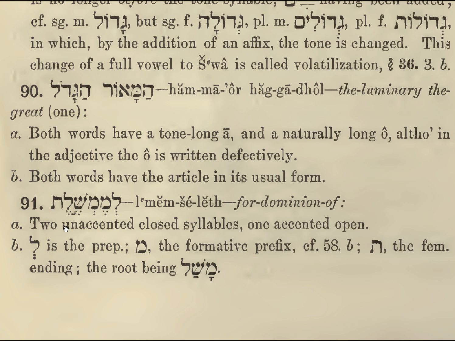Two unaccented closed syllables, lemem, and then she, which is accented, and then let, which is unaccented. And the accented one here, she, is open. Le here is a preposition, to or for. Me is the formative prefix, and t at the end is feminine. The root is mashal.